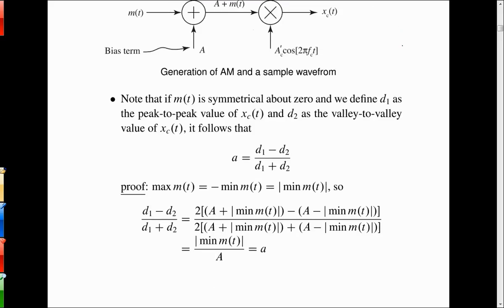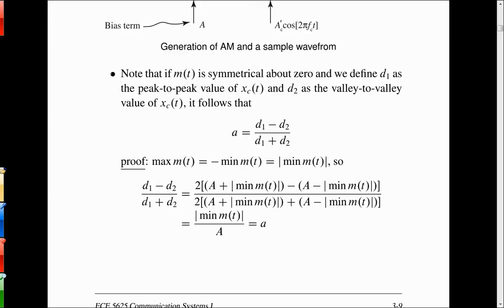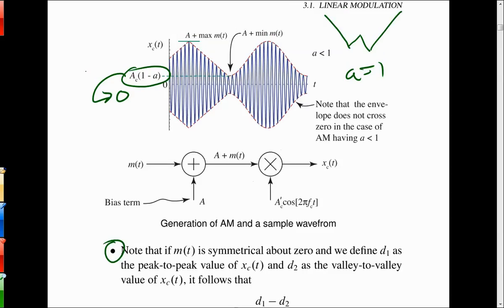This little exercise right in here is really kind of old-fashioned, but it pertains to what you would see on the oscilloscope if you were trying to make a measurement of the modulation index from the waveform. So I kind of have this still in my notes, and it's helpful in the lab. Just because it's old-fashioned doesn't mean I won't put this on a quiz or an exam. It could be very useful.